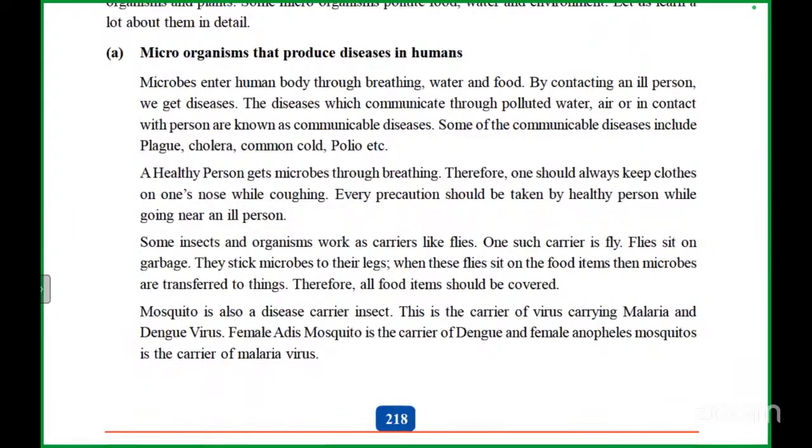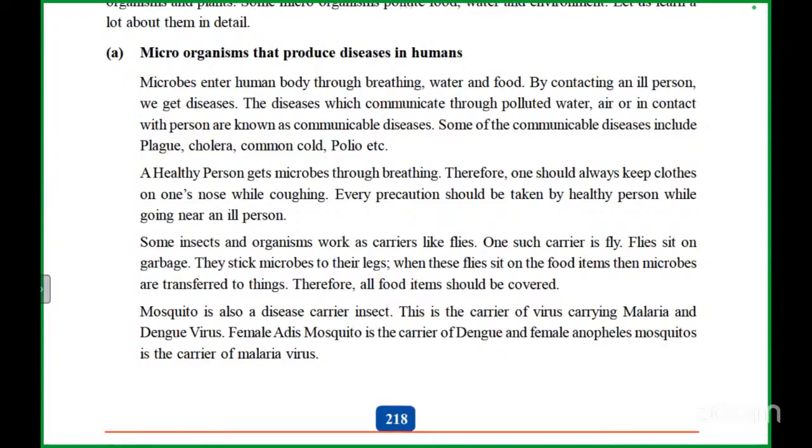Now, microorganisms which produce diseases in humans are called microbes. Microbes enter the human body through breathing, water, and food, and by contact with an ill person, we get sick. The diseases which spread through polluted water, air, or contact with a person are known as communicable diseases.